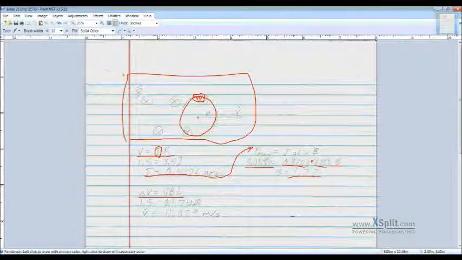So we know the magnetic field now, and we know the radius, so we can multiply those two together, and we know the voltage is 1.5, so we divide the voltage by the magnetic field times the length, and we find the velocity needed to generate that voltage of 1.5 to be 11.029 meters per second.